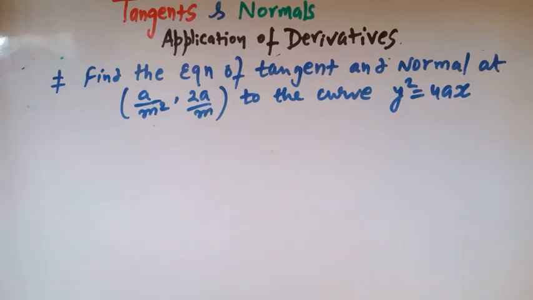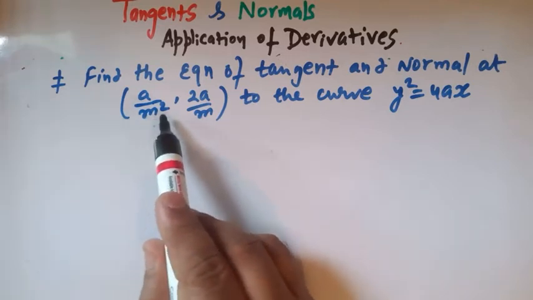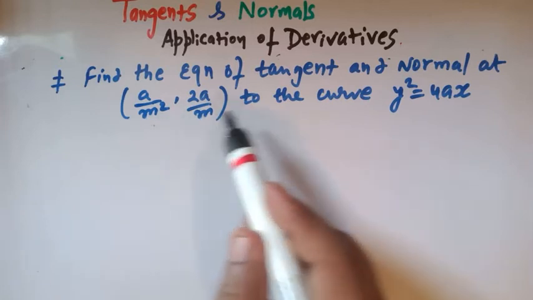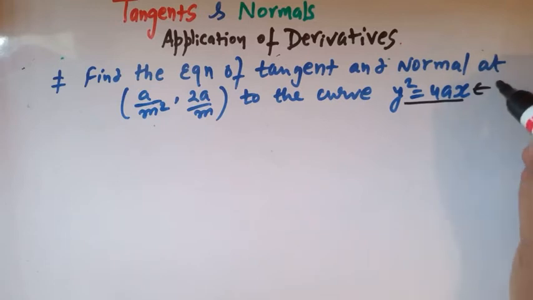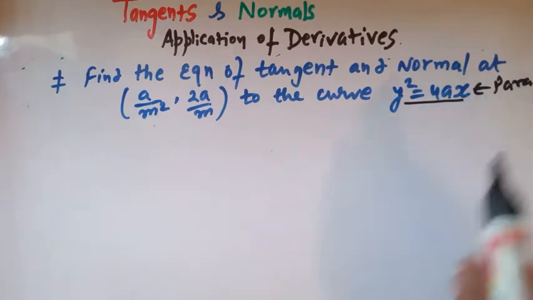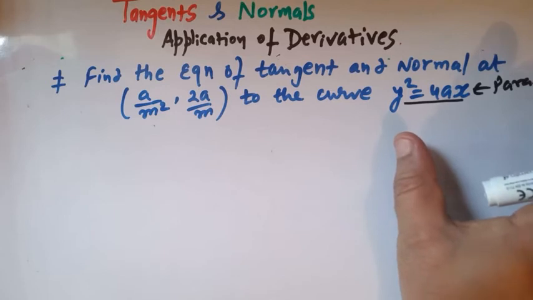Now we are taking this question: find the equation of tangent and normal at (a upon m square, 2a by m) to this curve. Now this curve is known as a parabola. Clear? This is the standard equation of a parabola whose axis is x-axis.